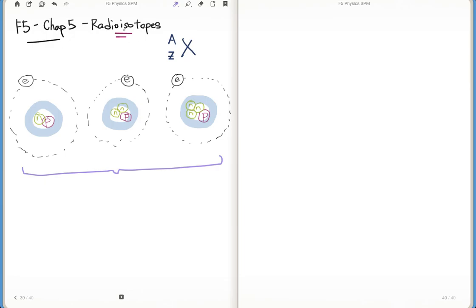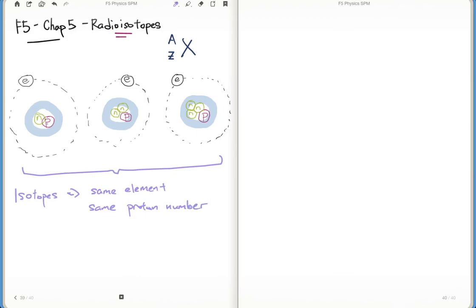We talk about isotopes. Iso means same. What does it mean by isotopes? Isotopes are atoms of the same element. They are going to have the same proton number.